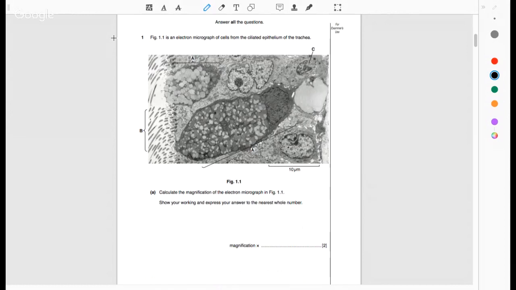All right, go ahead, calculate the magnification. Okay. I can give you the actual length. So the actual length is 45 millimeters.